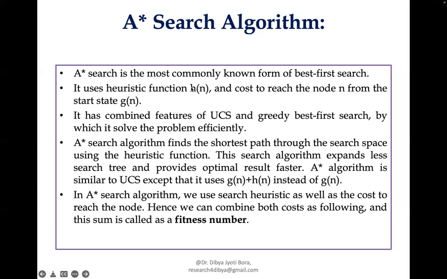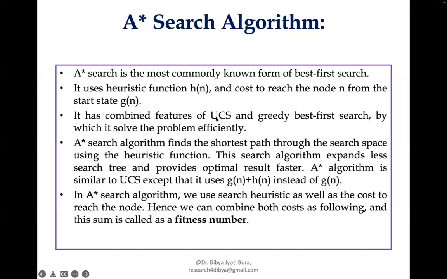It uses heuristic function Hn and the cost to reach the node n from the start state, that is Gn. So it uses heuristic function Hn, and then a cost to reach the node n from the start state Gn.